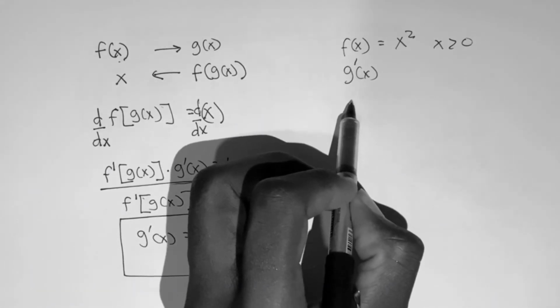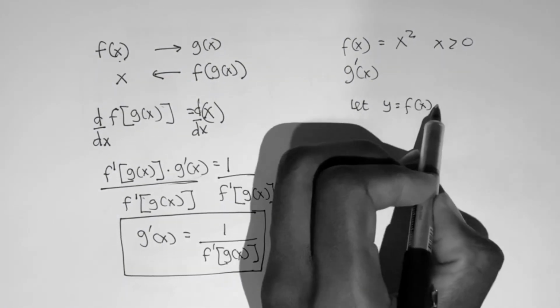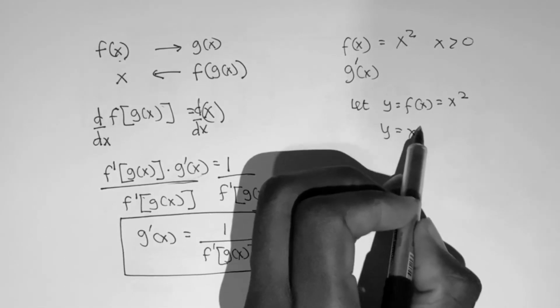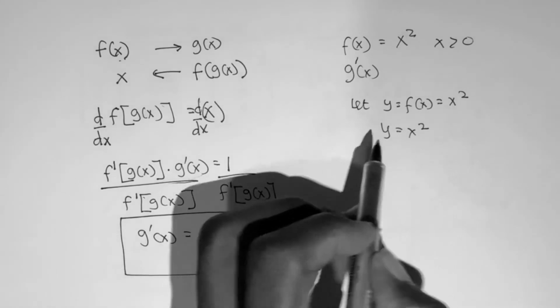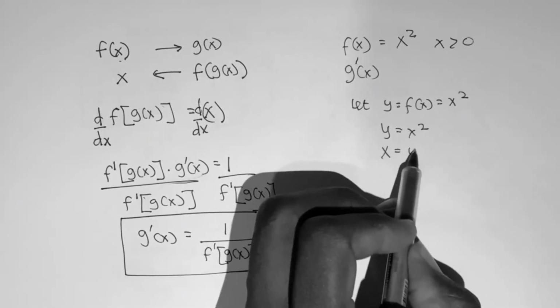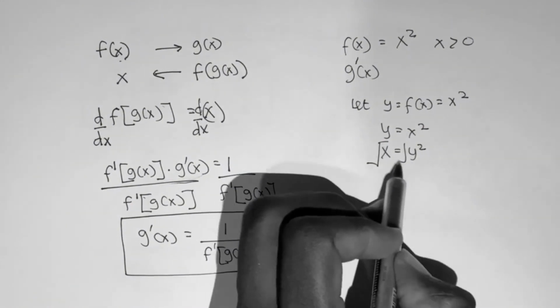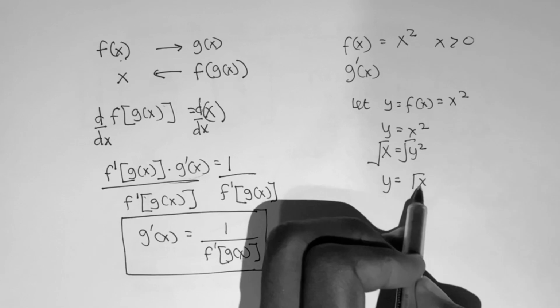We said let y be equal to f of x, which is equal to x squared. So y is equal to x squared. And then we said we should exchange x and y. So that means x is equal to y squared. And we should solve for y. So you find the square root of both sides. And we find out that y is equal to the square root of x.